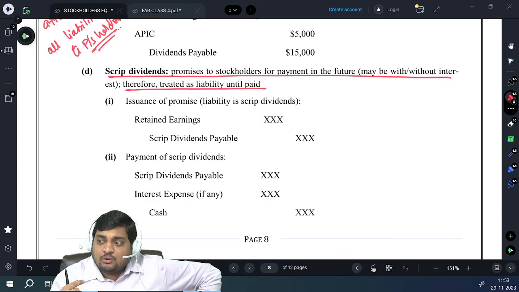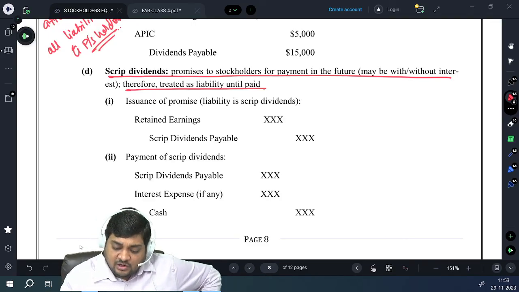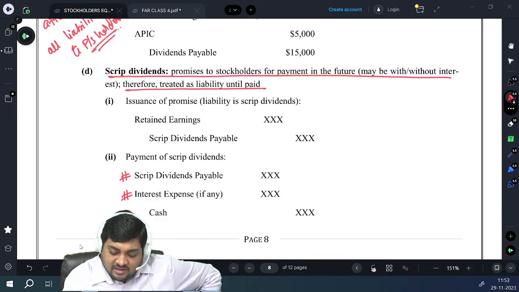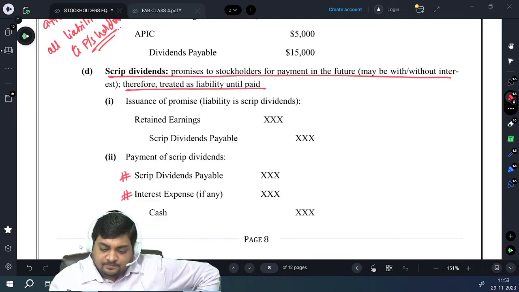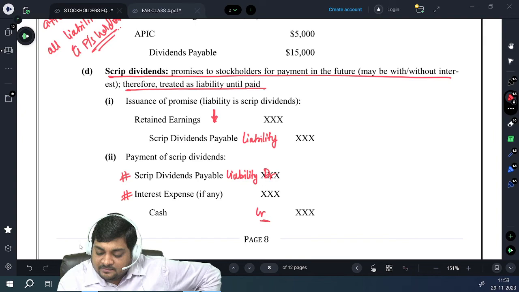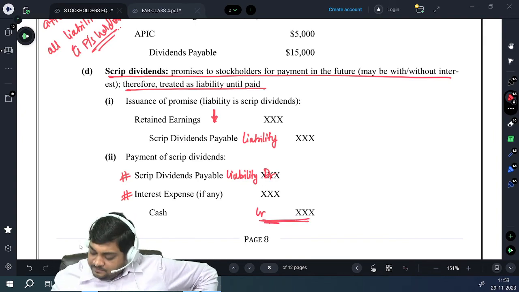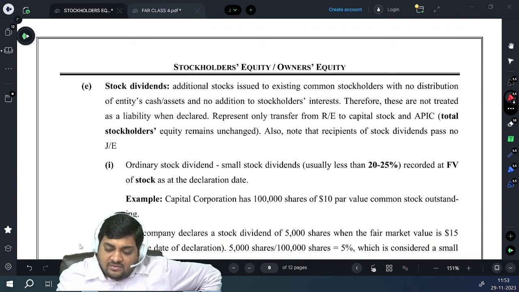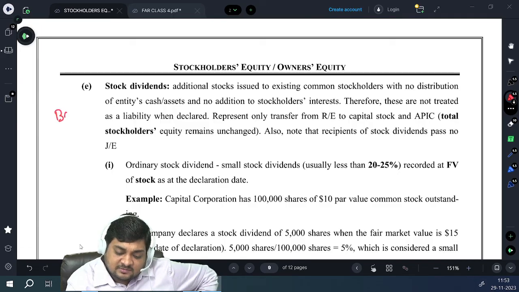So when later comes, obviously interest will also come, right? So when you make the payment, you have to pay the dividend as well as the interest along with it. Anyway we are reducing retained earnings and showing dividend payable as a liability, and upon payment, liability debit, cash credit. Simple. Stock dividend is like bonus shares.